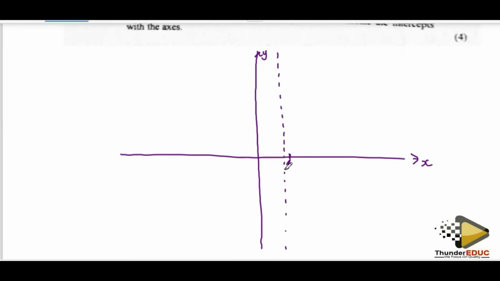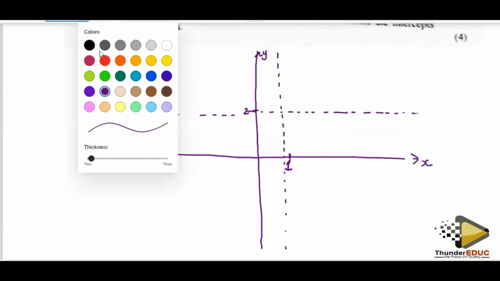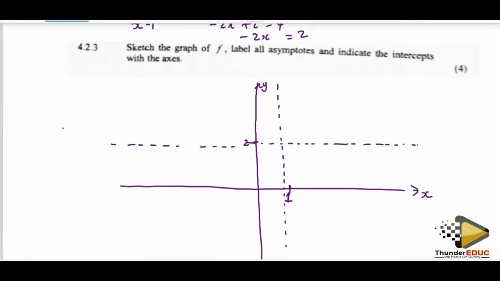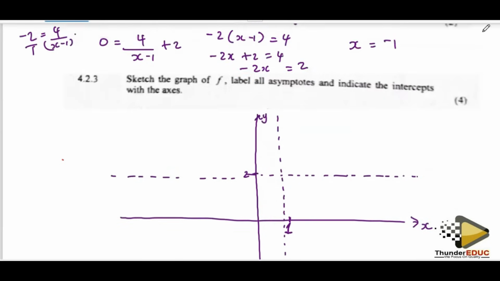I'll call that my 1. And then the other one is y equals 2. I'll just draw the asymptote somewhere here. Then we say the intercepts. We had just one intercept and we said x is negative 1.